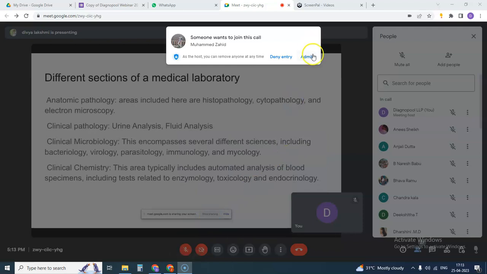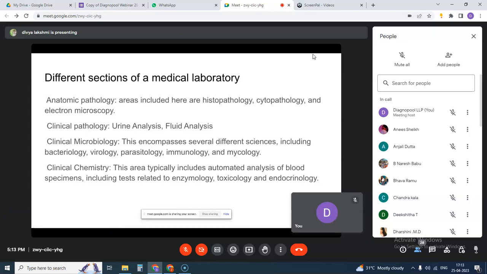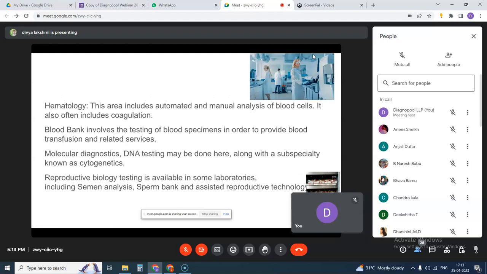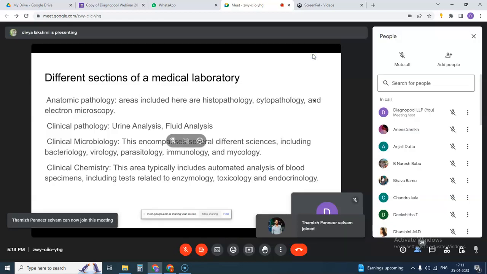So coming to the sections of the laboratory, there are various sections: anatomic pathology, clinical microbiology, clinical chemistry, hematology, blood bank, molecular diagnostics, and reproductive biology. In anatomic pathology, there are subdivisions like histopathology, cytopathology, and electron microscopy. In clinical pathology, it can involve urine analysis or fluid analysis.